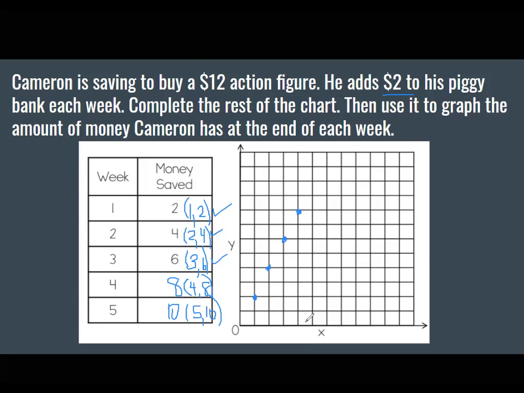So 1, 2, 3, 4, 5, 8, 9, 10. So there we go. We can see that it's increasing by $2 every week. So every time we move over 1, and it's going up 2 to show the $2 every week.